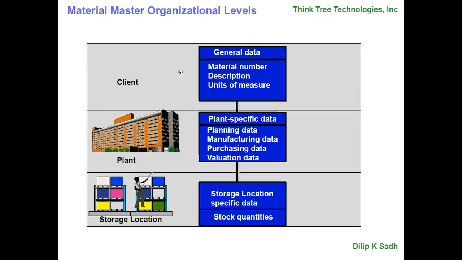Material Master can also be structured by various organization units. Material Master can be structured by client. Client data is global, not specific to any organization. Plant data is specific to the plant, for example, who is the buyer. Store location data is the data which is maintained from the storage location perspective.